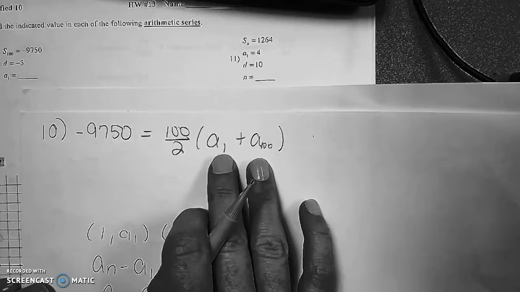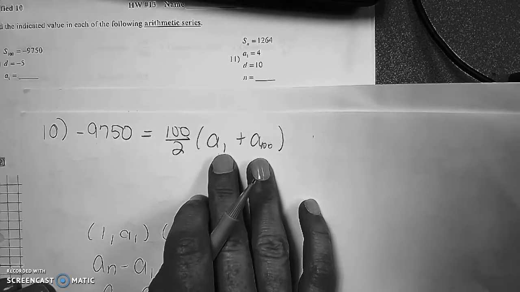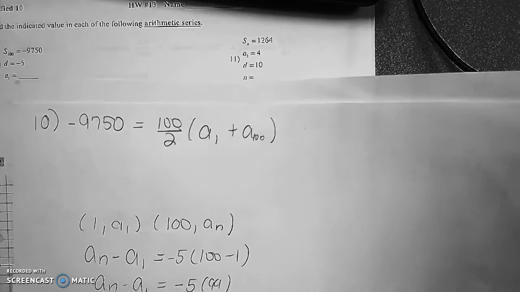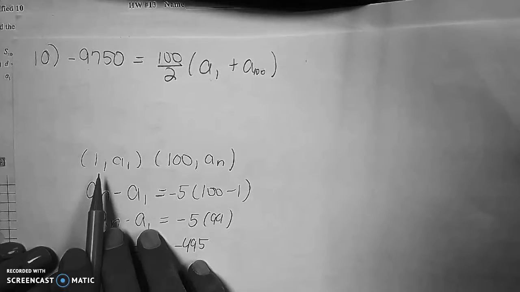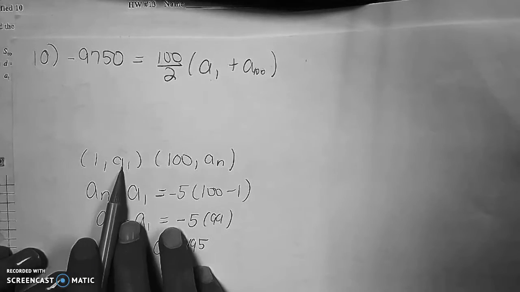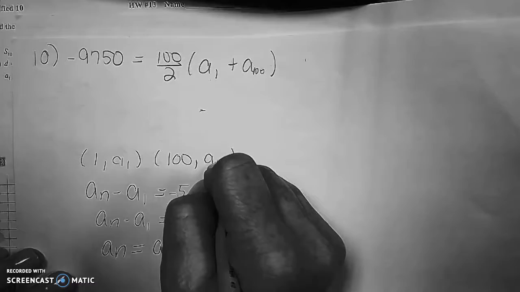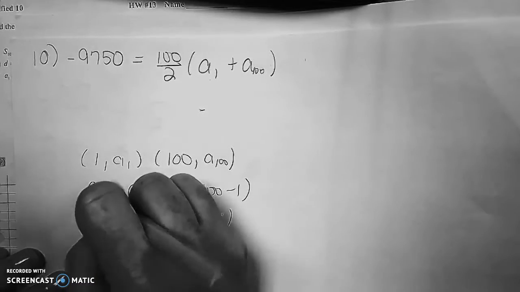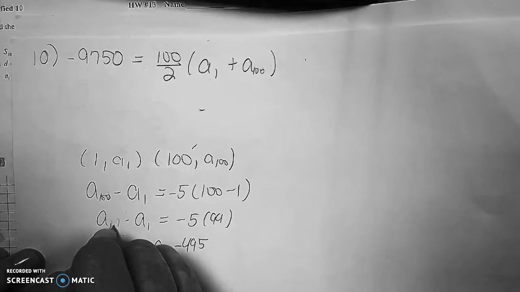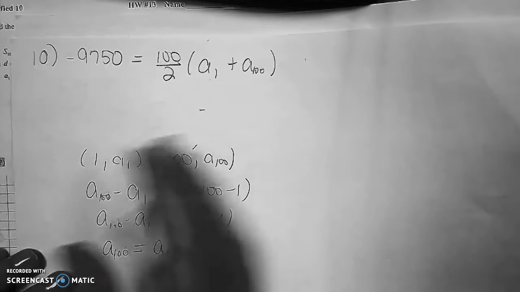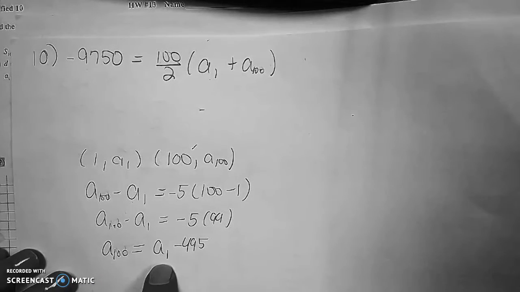So I have two unknowns, which means I need another equation to relate them, and that's where I can write the explicit formula. I've got the ordered pair 1 and A sub 1, 100 and A sub 100, I should say. I didn't write that on any of these. And I know the common difference is -5. So I simply used point slope form, and I got A sub 100 by itself.